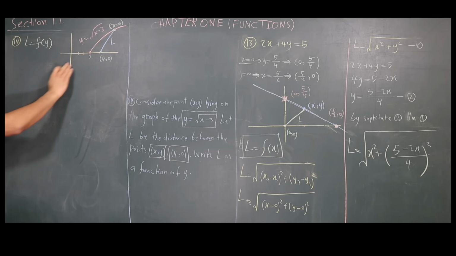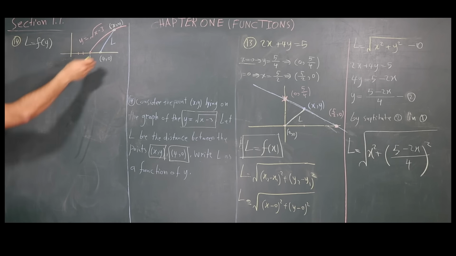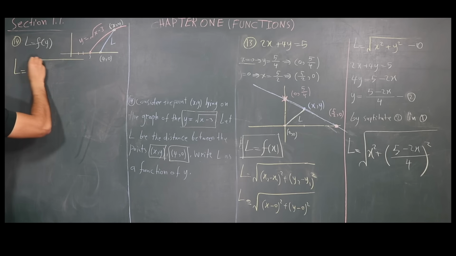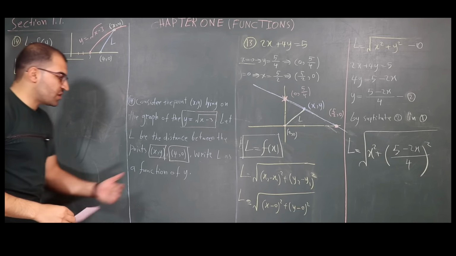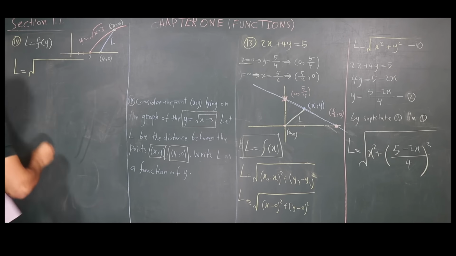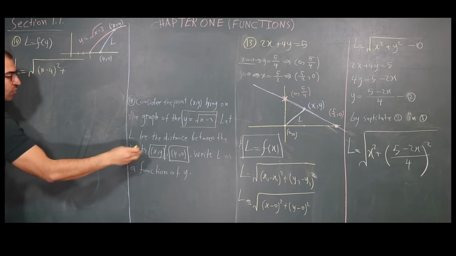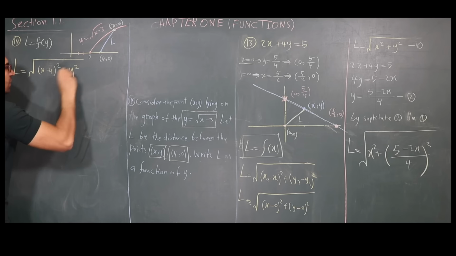The first thing we're going to write is the formula for L. So L will be the square root of the difference between these points, (x minus 4) all squared plus (y minus 0) all squared, which is y squared.